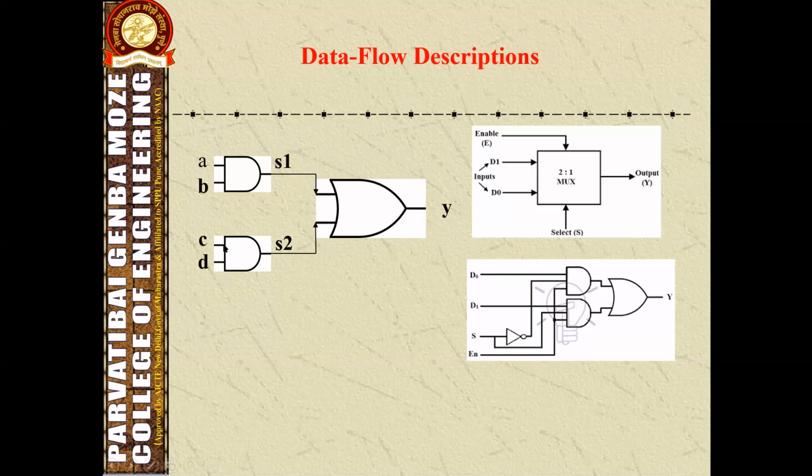In the circuit, this is a simple AND-OR operation. The output of this AND gate is S1, and the output of this AND gate is S2. These two signals are known as intermediate signals.